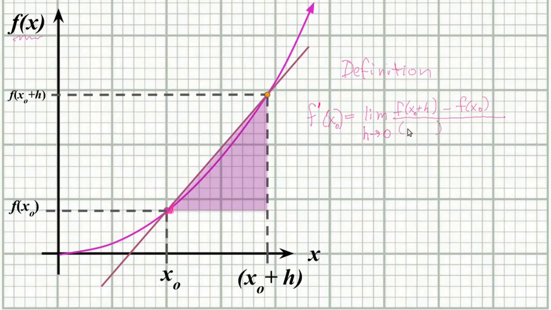And here our change is x0 plus h minus x0. Notice I'm subtracting this here, so that cancels out. So my definition is going to be the limit as that little change h approaches 0 of f of x0 plus h minus f of x0 divided by h. That's f prime evaluated at x0. But of course, x0 is arbitrary, so this is true for any x. So that's the definition of the derivative.